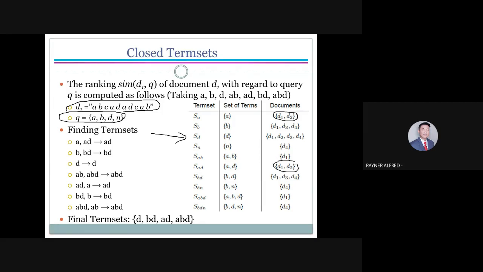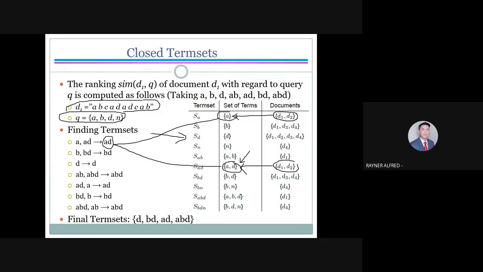So we combine these two. These two are here. Because A and AD cover the same documents here, but this one is bigger than A, so we take this one as your closed term set.